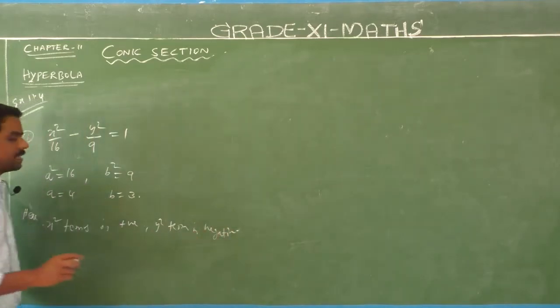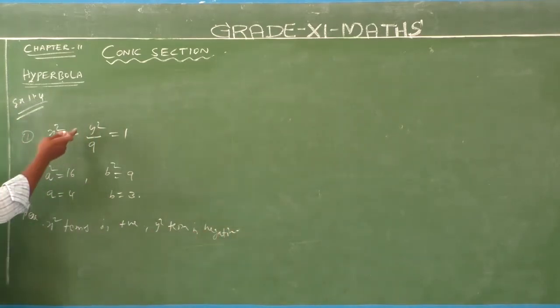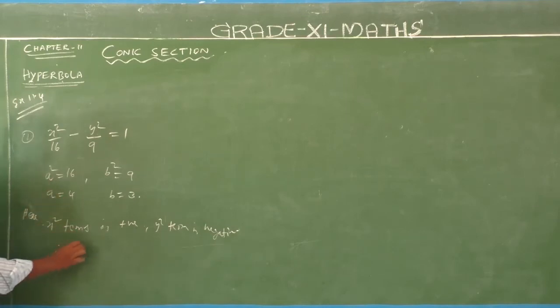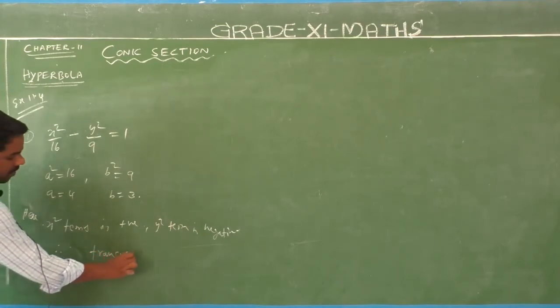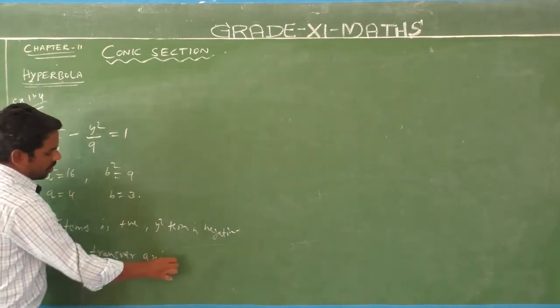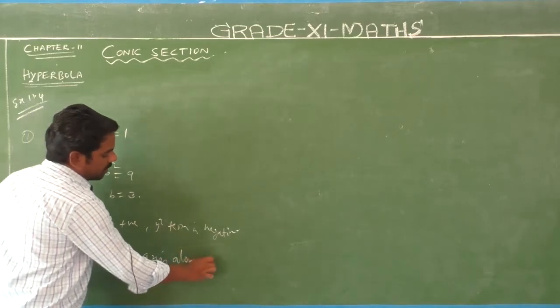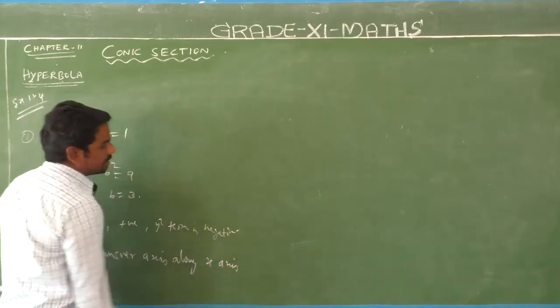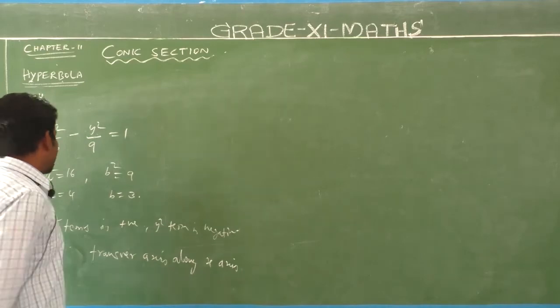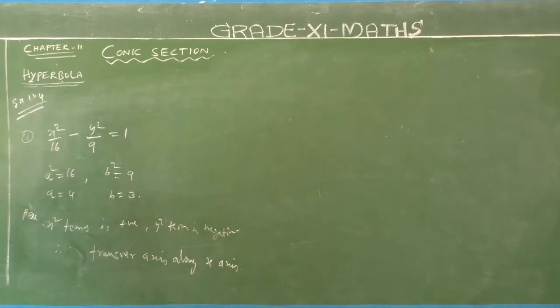Therefore, the given hyperbola has its transverse axis along the x-axis, and the center is 0, 0. Here a squared is 16, so a is 4, and b squared is 9, so b is equal to 3.